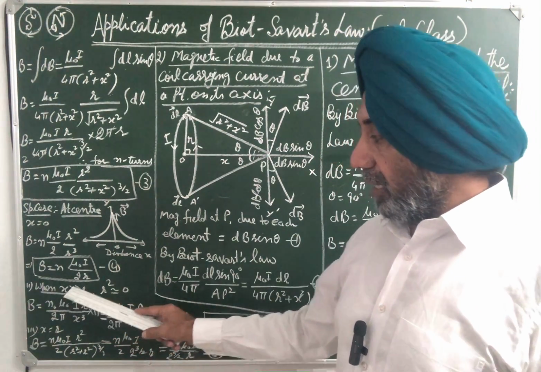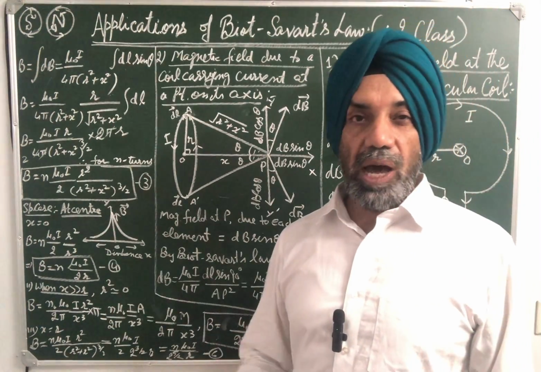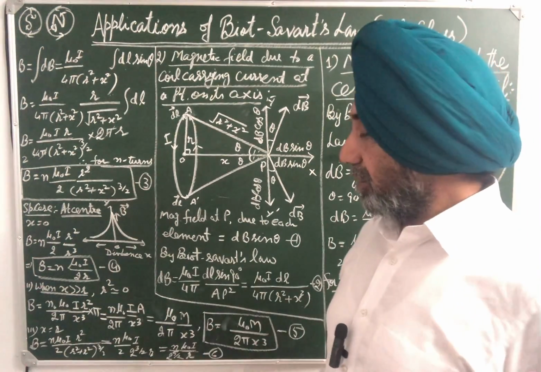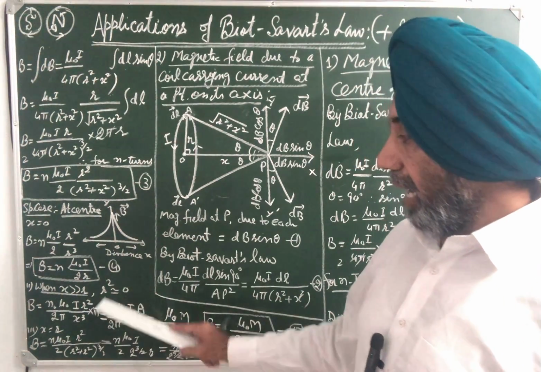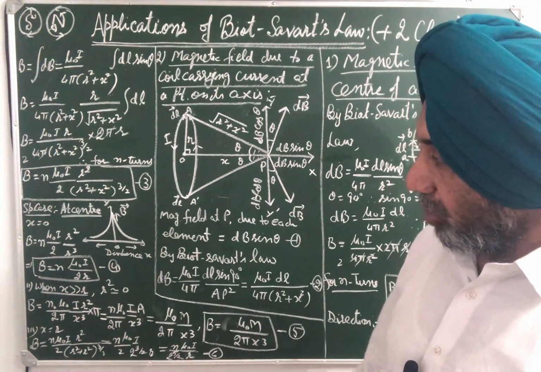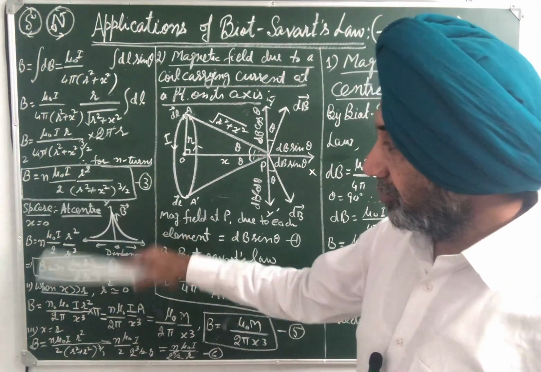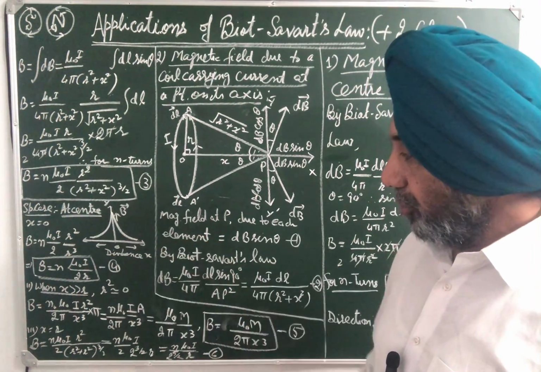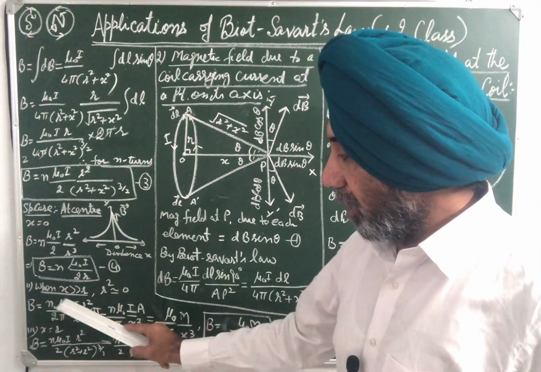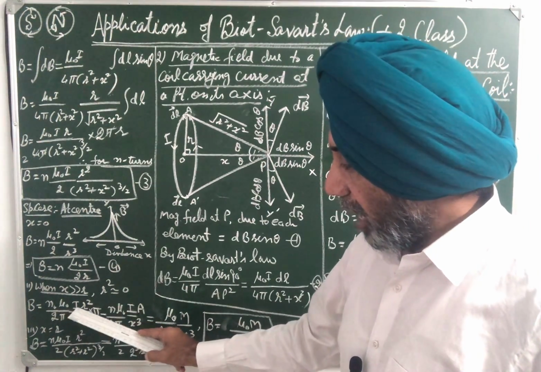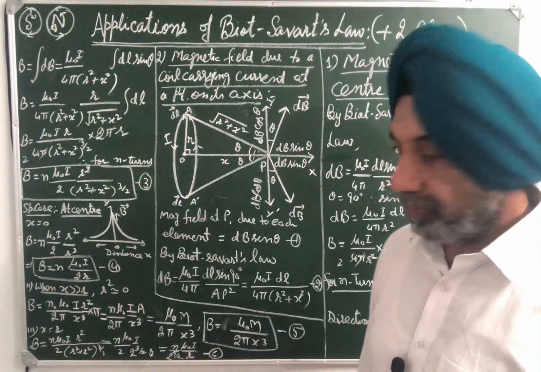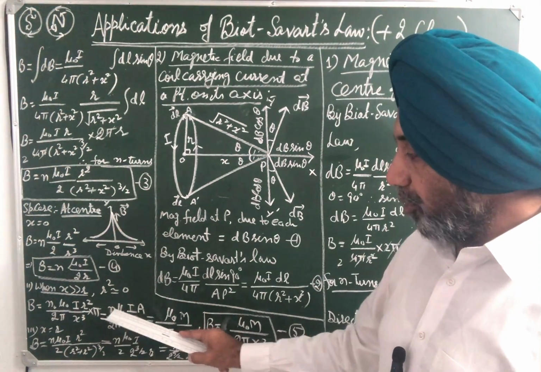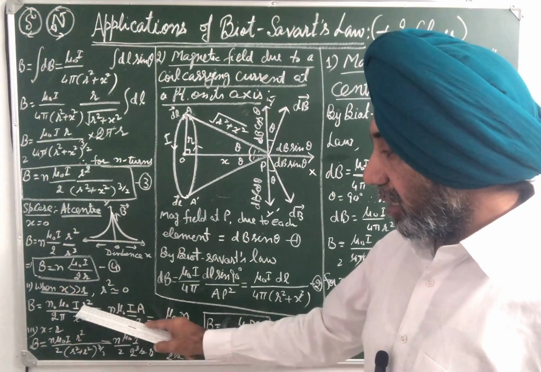When x is greater than r, when the point is far away and very large as compared to the radius of the coil, then r squared can be neglected. So neglecting r squared, you have x squared to the power 3 by 2, it will be x cubed. So n mu naught by 2, I r squared upon x cubed, multiplied by pi and divided by pi to give it a new shape. So n mu naught pi r squared is area.